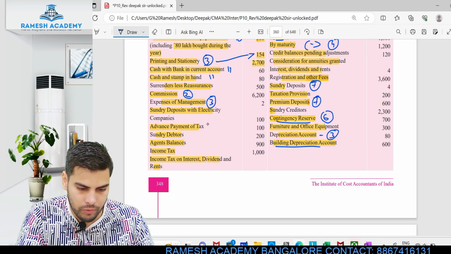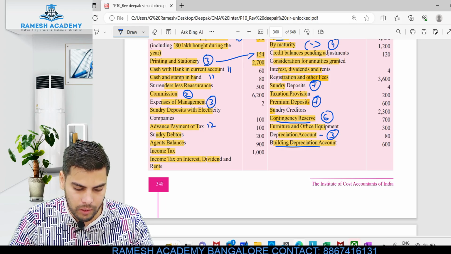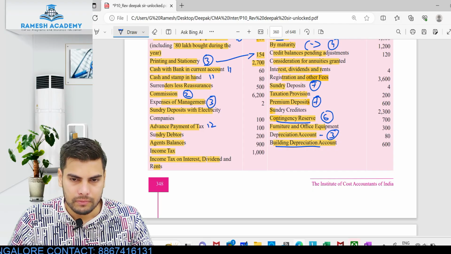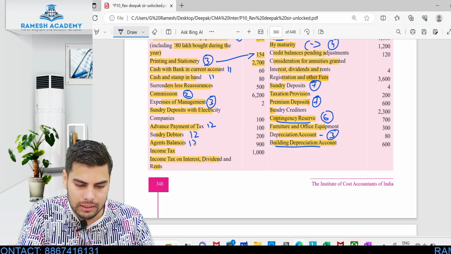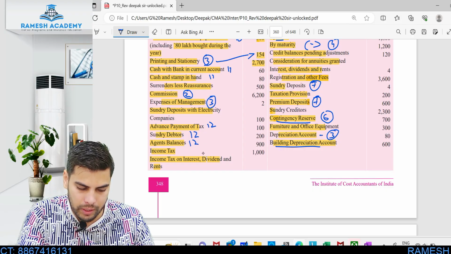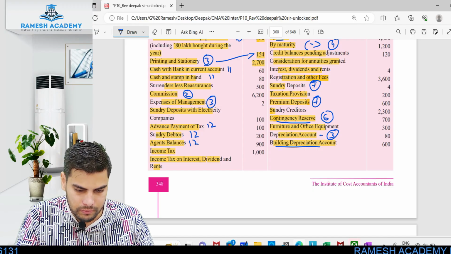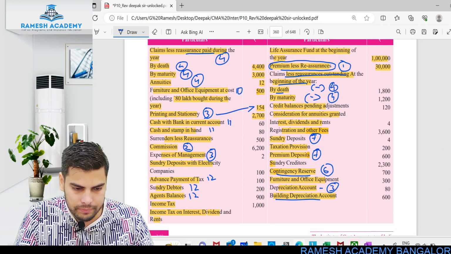So if you see over here, schedule 12 over here. So advances and other assets. So all these would be your advances. Agents balance, it is receivable. So you will be showing over here. Anything else? Just cross check once again.